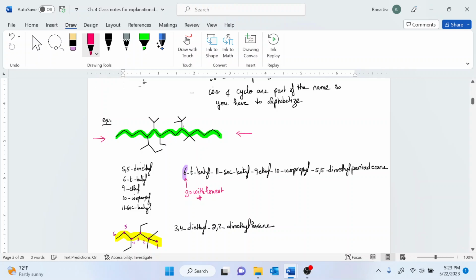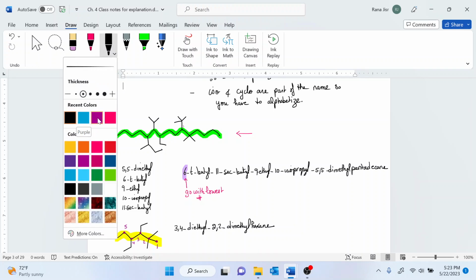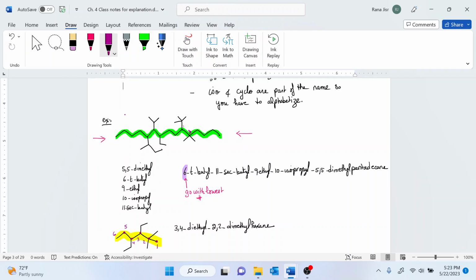If I start from this end, on carbon number 5 I would end up having two substituents, versus if I start numbering from the other end, then on carbon number 5 I'm going to end up having this one bulky substituent. So this is why I need to start from this end in numbering. So that is going to be 1, 2, this is 6, 9, 10, and 11, and all the way to 15.